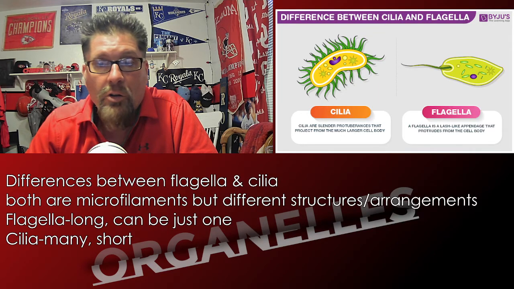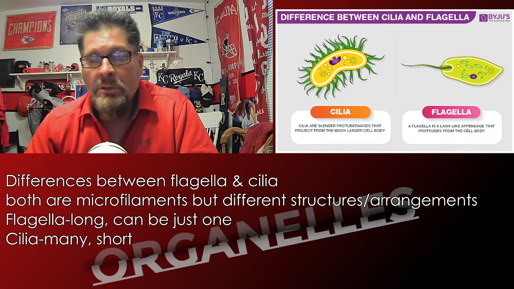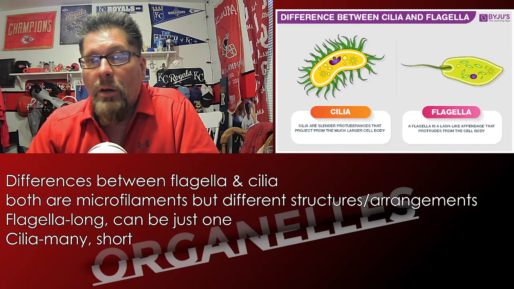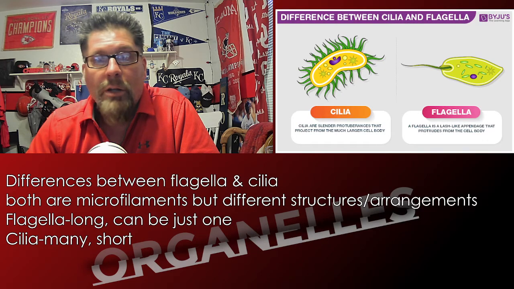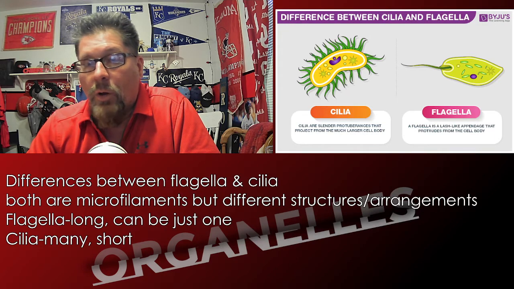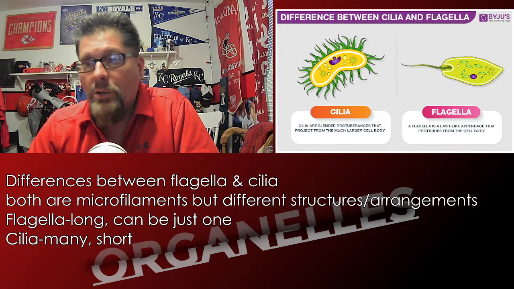Flagella are long, and there can just be one, polar, or as we saw the peritrichous, there can be many on both ends, one on either end, a bunch on one end, a bunch on both ends.